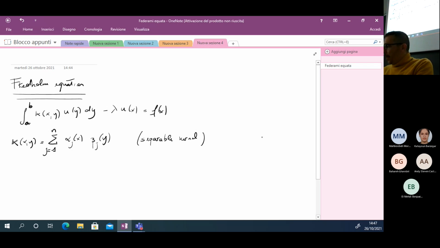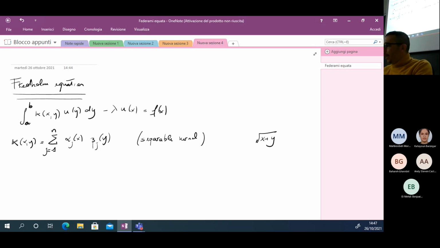I'm thinking of some kind of counterexample. If I have something like this one, it would not be separable, because I cannot write it as a finite sum of products of functions of x and y.